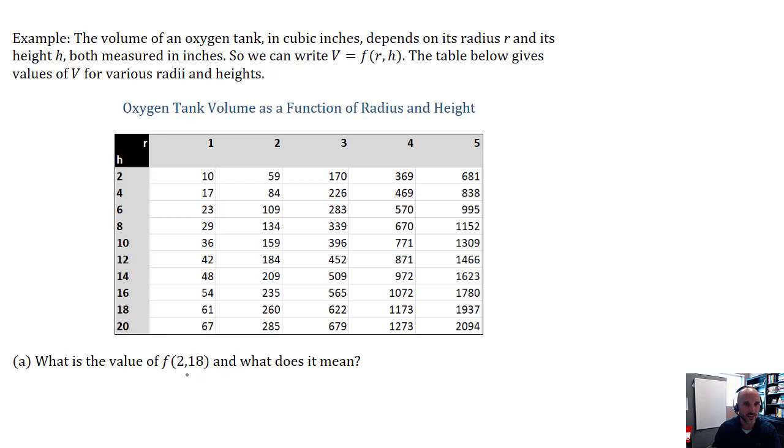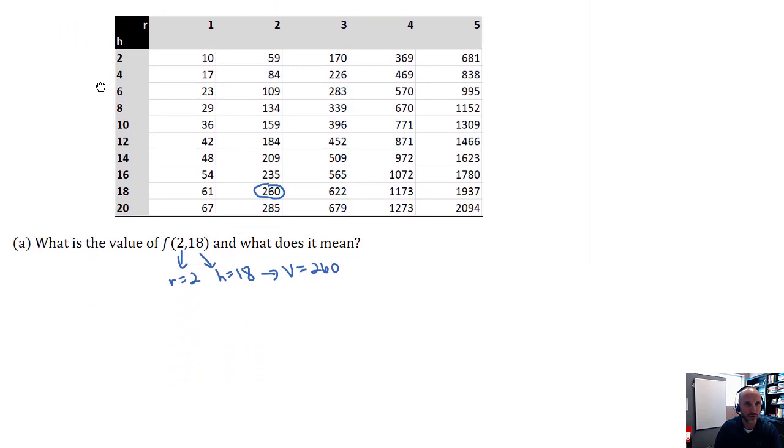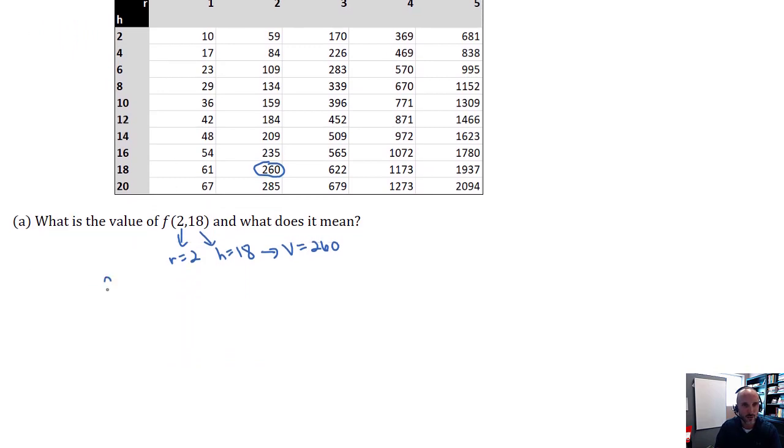So we know that 2 is our radius and that 18 is our height. And so if we cross-reference the radius of 2 with the height of 18, we get this 260, which is the volume. So let's discuss what that means and talk about the proper notation. So f of 2 comma 18 equals 260.